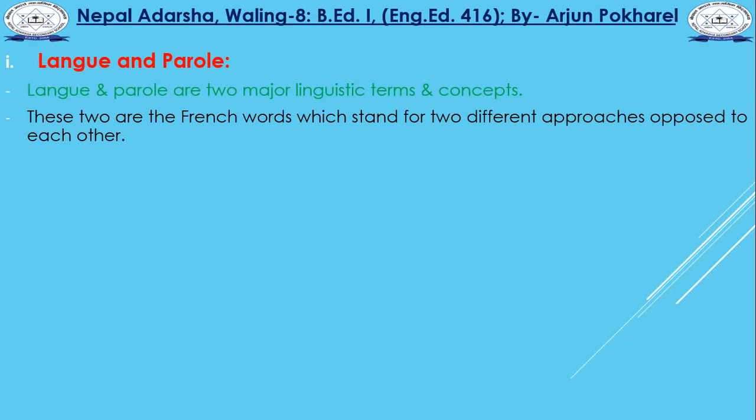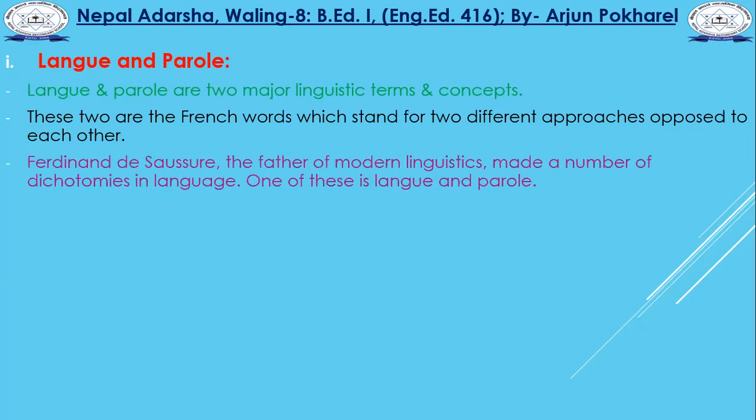Langue opposes Parole and Parole opposes Langue. In this way, these two French words are opposite to each other. Ferdinand de Saussure is the name of the great linguist of the 20th century.